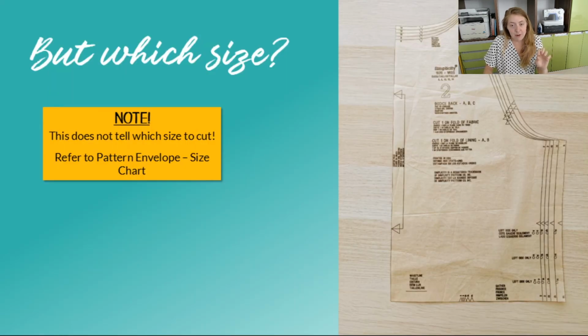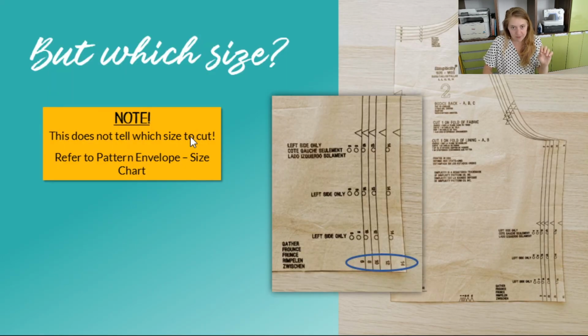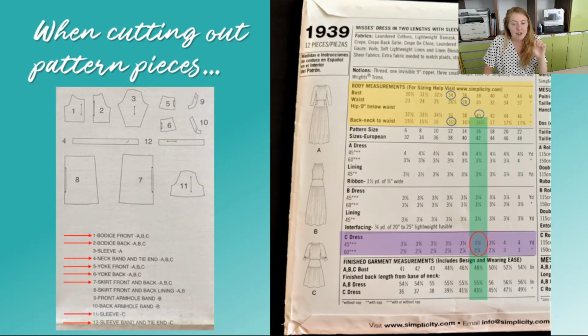Then you're going to find that piece and cross-reference it with your measurements chart on the back of your pattern envelope. When you're cutting out your pattern pieces, you need this piece from the instructions and this piece from the back of the pattern envelope. Is this making a little more sense for you?